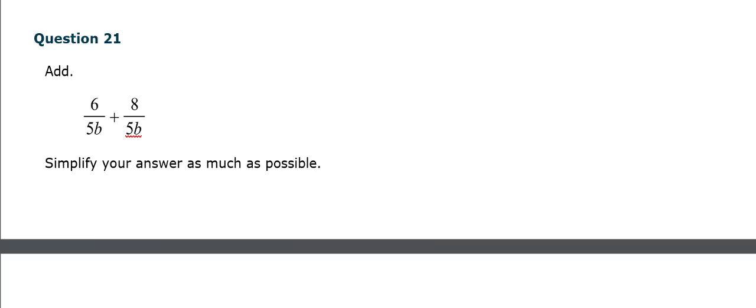Since we have a common denominator, the denominator doesn't change, nor do we have to make a change to any of the fractions. And we simply add the like terms in the numerator. 6 plus 8 is 14. Now, if we could reduce, we would, but we can't. So our final answer would be 14 over 5b.